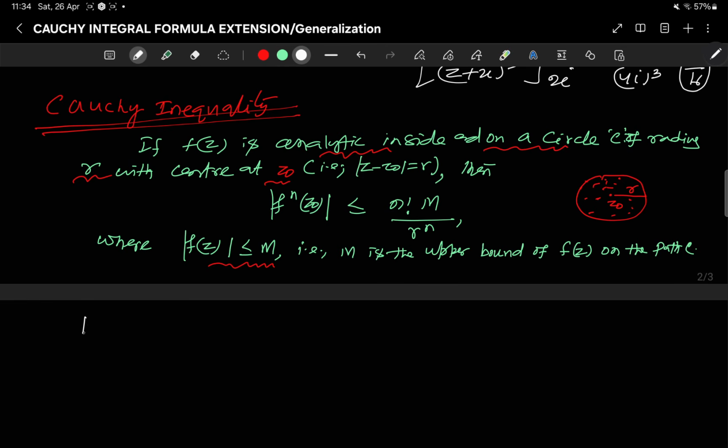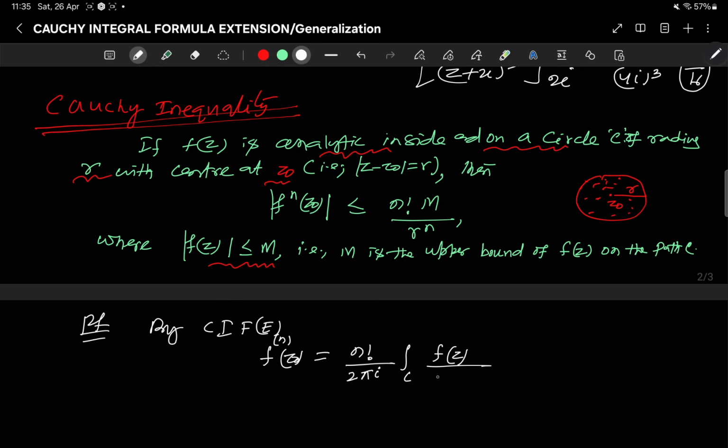Now if you want to prove it by the Cauchy integral formula extension, what we are getting here: the nth derivative of f at z0 is equal to n factorial by 2 pi i times the integral over C of f(z) by (z minus z0) to the power n plus 1 dz.